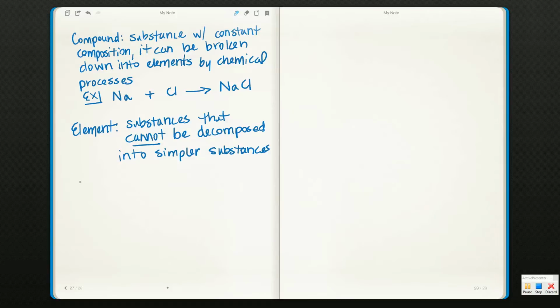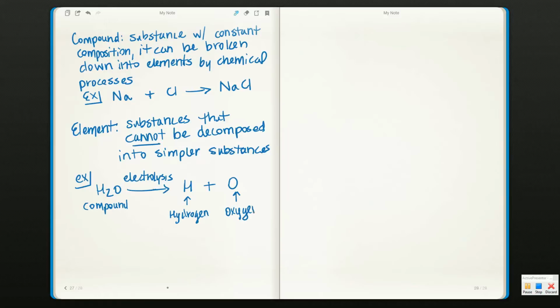So, for example, water is a compound and it can be broken down through electrolysis to the free elements, hydrogen, that's hydrogen, and oxygen. So these are your elements in this example, and they cannot be broken down any further. But a compound can be broken down into the respective elements through chemical processes.